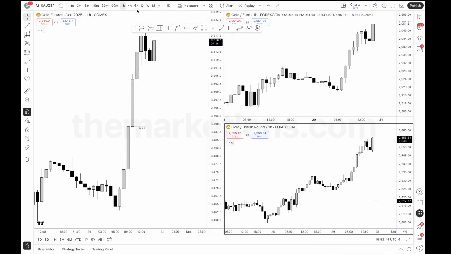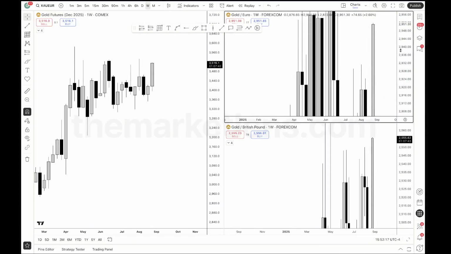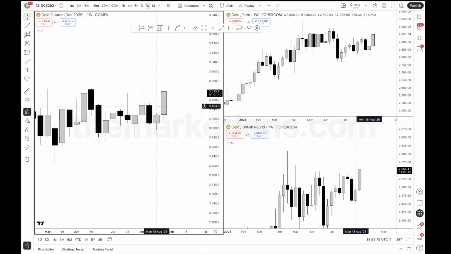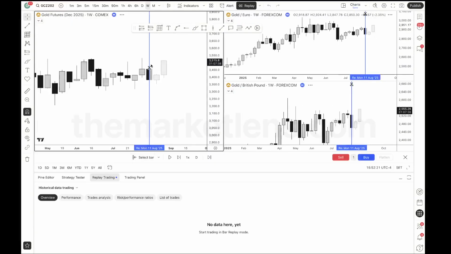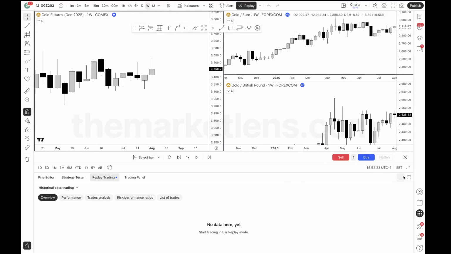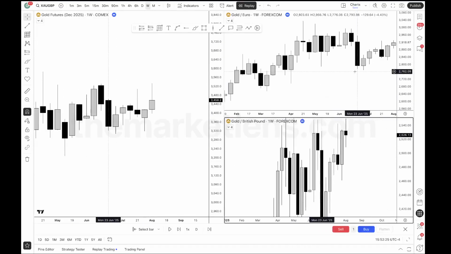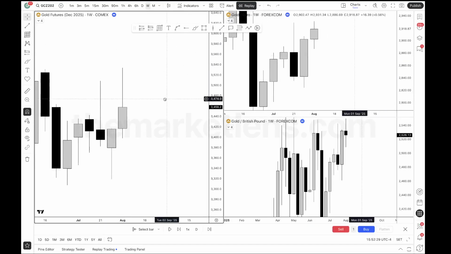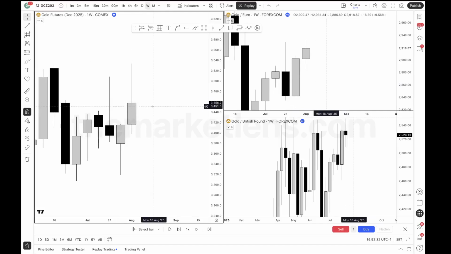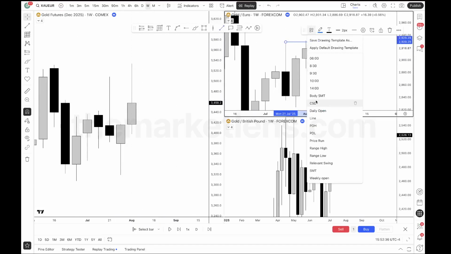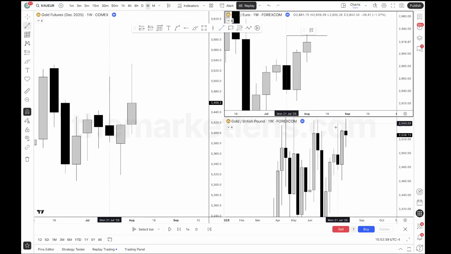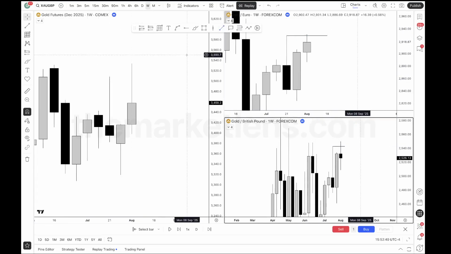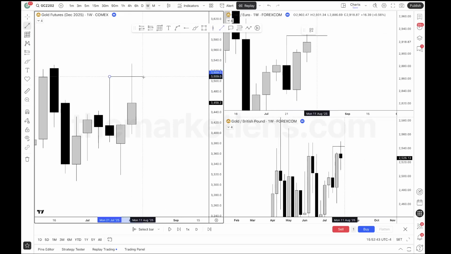All right, so let's go to this week in particular. Look what happens here, guys. I want you to look at the opening price of this weekly candle in relation to this high. Look how far gold is opening.